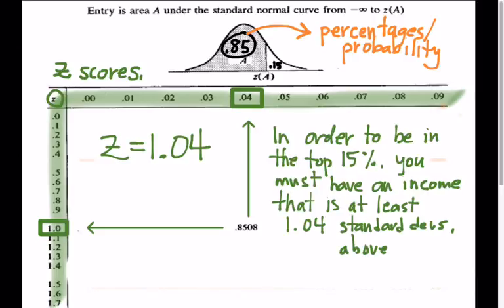So that's what a z-value represents: how far away from the mean are we, measured in numbers of standard deviations? So 1.04 means 1.04 standard deviations above the mean.